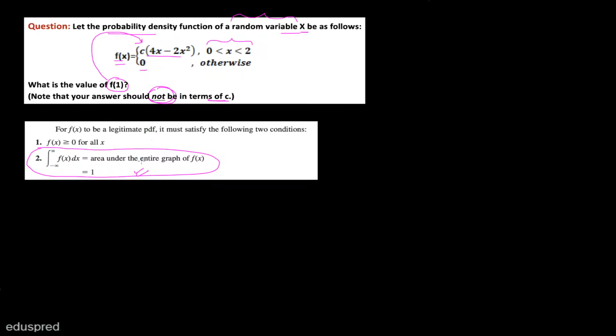As per this second condition, if we integrate f of x over all the possible values of x, and the possible values of x are from 0 to 2, then this should be equal to 1. So this implies that we integrate from 0 to 2 c(4x minus 2x square) dx equal to 1. C is a constant, so we can take it out.